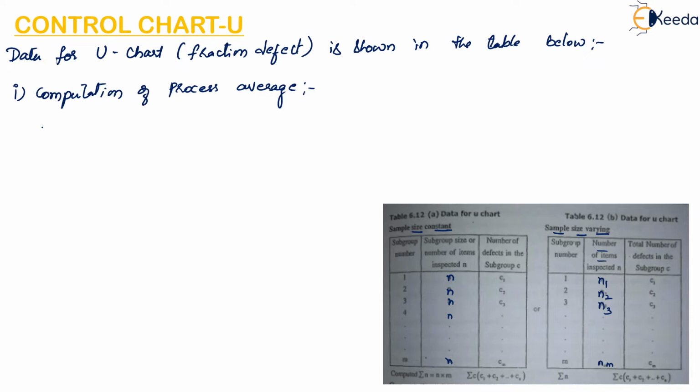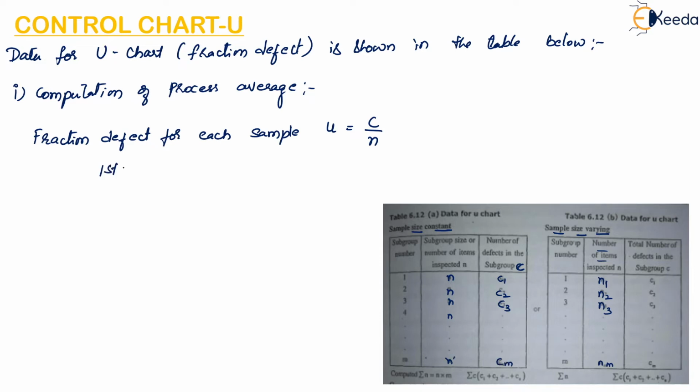The fraction defect for each sample U can be written as U equals C divided by n. Here the number of defects in the subgroup is denoted by C: C1, C2, C3 and so on till Cm.